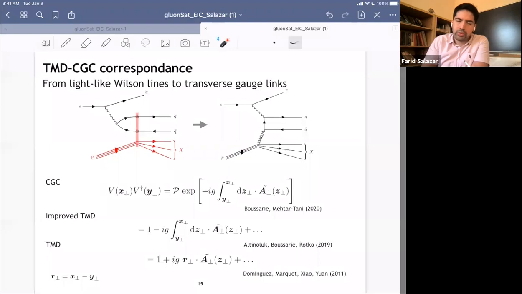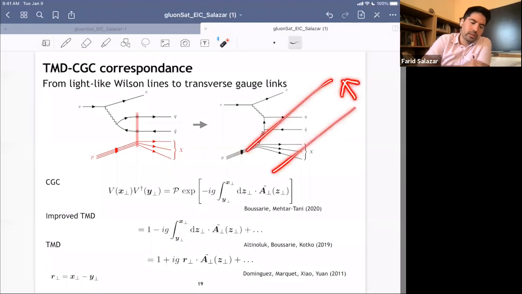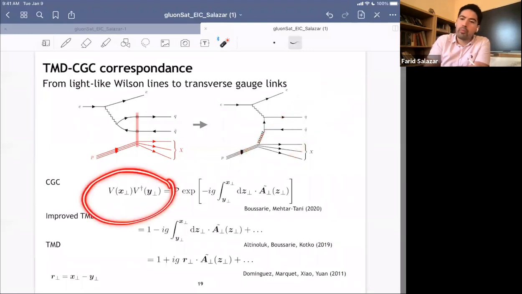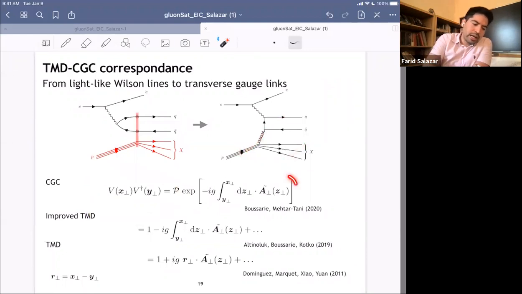And for those of you who are a little bit more familiar with this CGC framework, the idea is that these Wilson lines in the so-called light-cone gauge are given by Wilson lines along the light cone, but they can be related when working in Lorentz gauge to Wilson lines that are in the transverse direction. So you can replace this pair of lines along the light cone with a transverse gauge link.